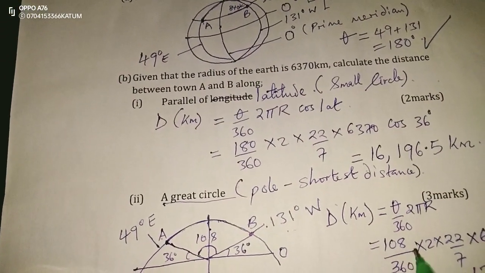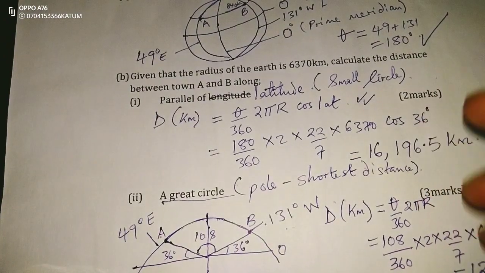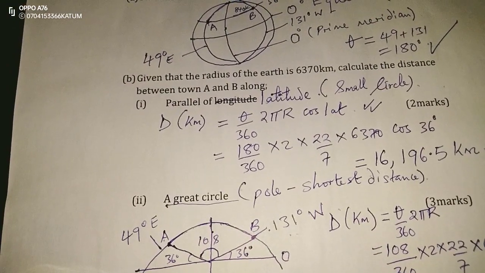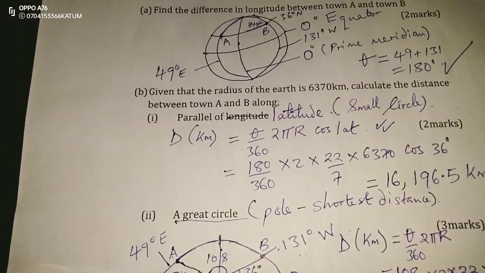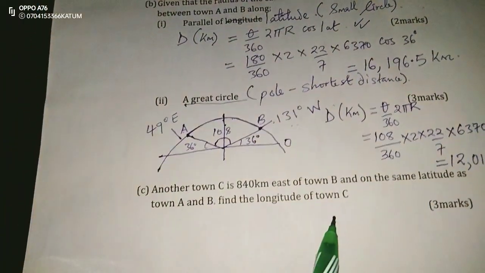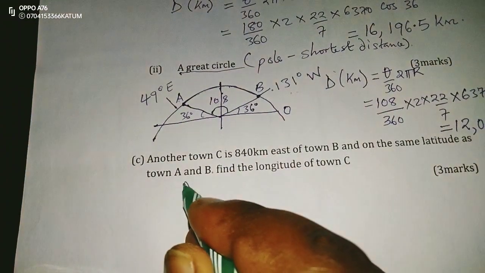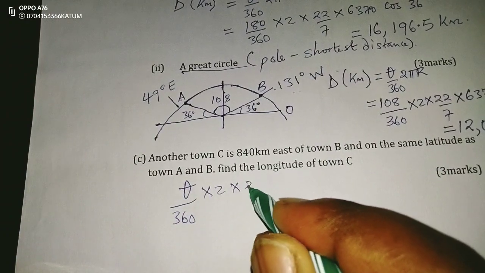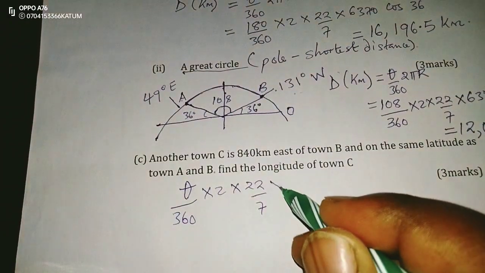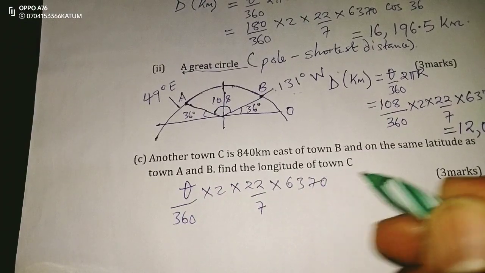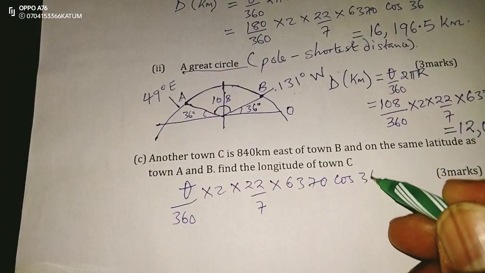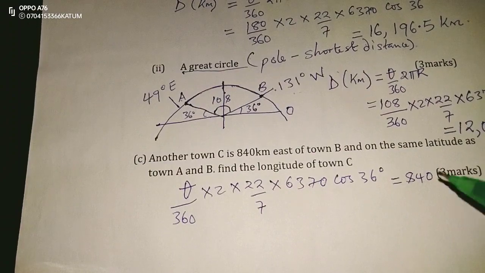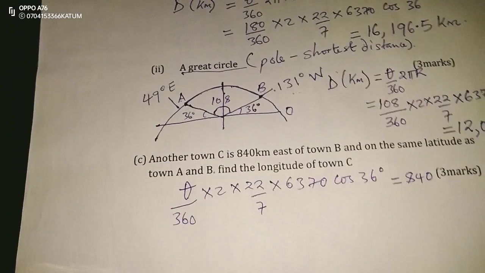That means we use the formula that we applied in part 1 here, that distance is theta out of 360, multiplied by 2 pi r, then the cosine of the latitude, and this is supposed to give us a distance of 840. The theta is unknown in this case, so we know the formula, it's only the theta which is unknown.